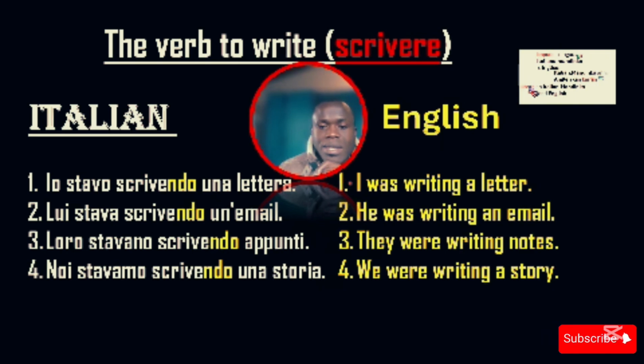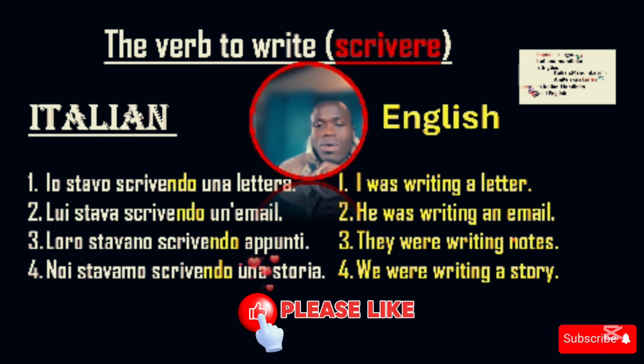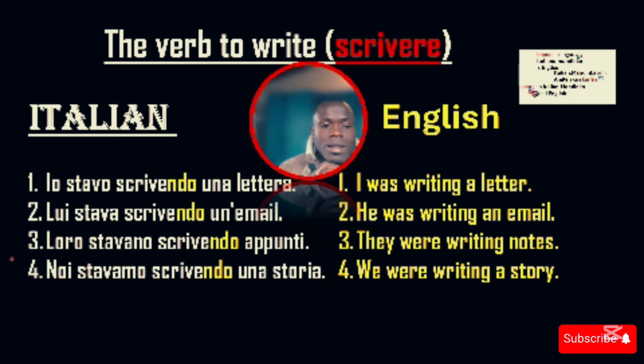It means I was writing a letter. Lui stava scrivendo un email, which means he was writing an email. Loro stavano scrivendo appunti. It means they were writing notes. Noi stavamo scrivendo una storia, which means we were writing a story.